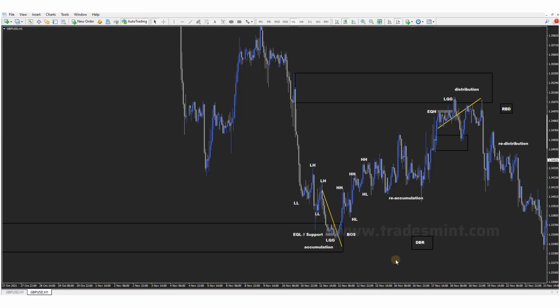So please send me something like this with the markups where the lower lows are changing to the higher highs, where the BOS is the break of structure, with marking the drop base rally or rally base drop on any single time frame you choose.